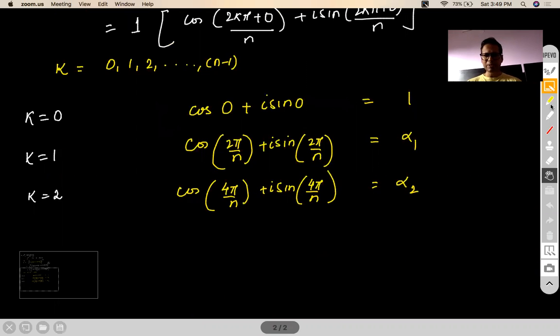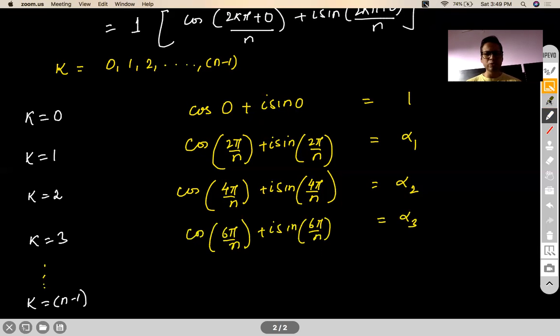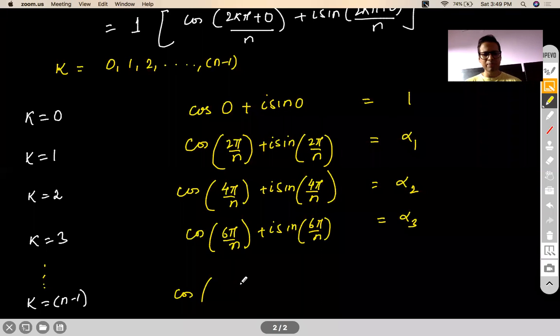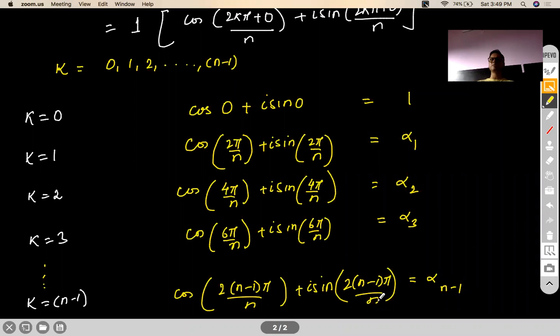In a similar way, for k equal to 3, you'll end up getting cos 6π by n plus i sin 6π by n. Let's call it alpha 3. And till you go to k value as n minus 1, that would give you cos of 2(n minus 1)π by n plus i sin of 2(n minus 1)π by n. This can be termed as alpha with a subscript of n minus 1.